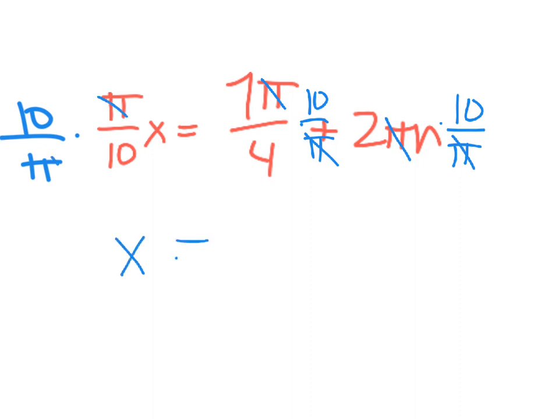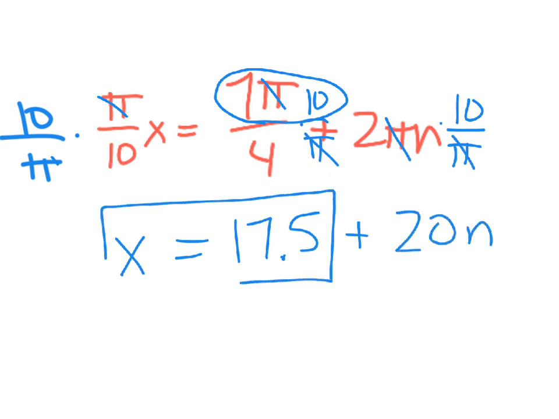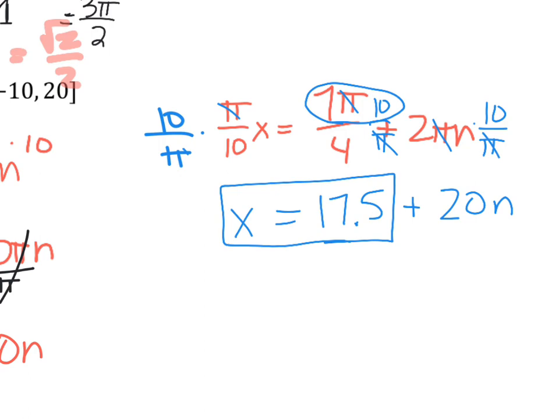So 70, right? 10 times 7 is 70. 70 divided by 4 is 17.5, that's half of 35. Plus 20n. So our first answer comes at 17.5, and then all the other answers come by adding 20 to 17.5.